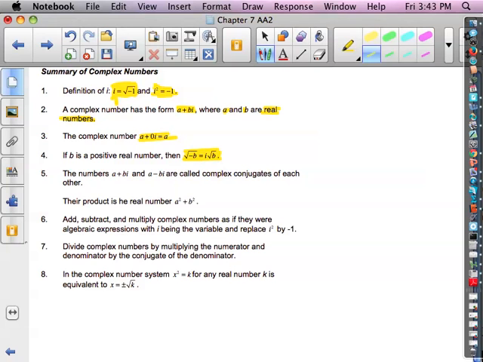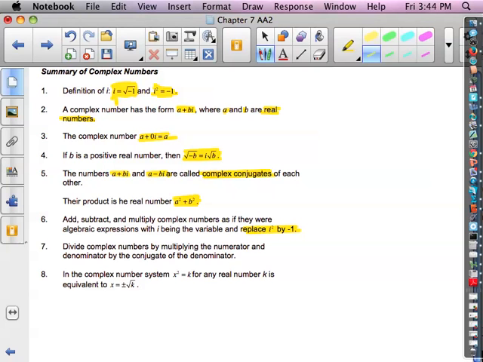5. The numbers a plus bi and a minus bi are conjugates. They're called complex conjugates. The product is the real number a squared plus b squared. To add, subtract, multiply, and divide complex numbers, treat them as if they were algebraic expressions with i being the variable, and replace i squared with negative 1.